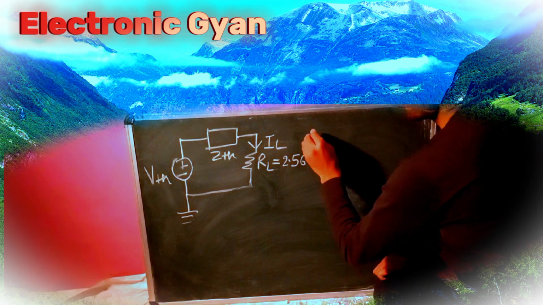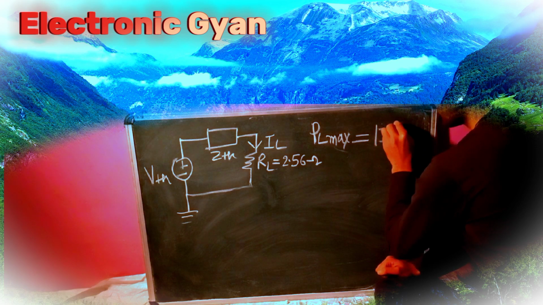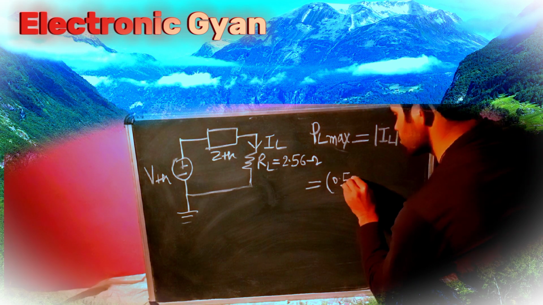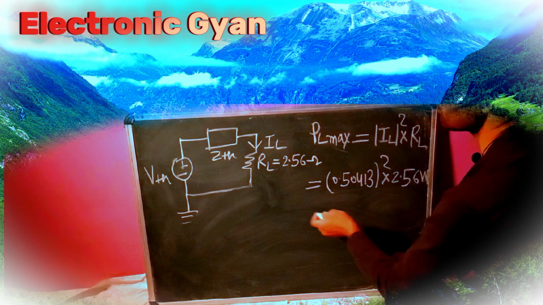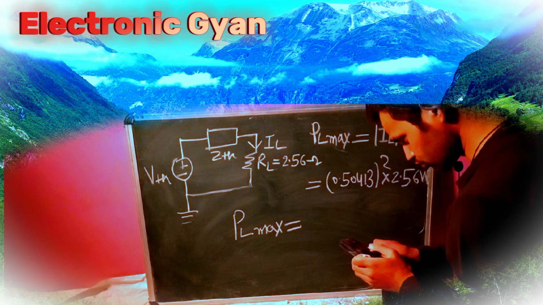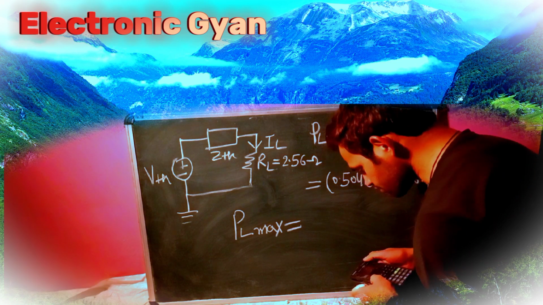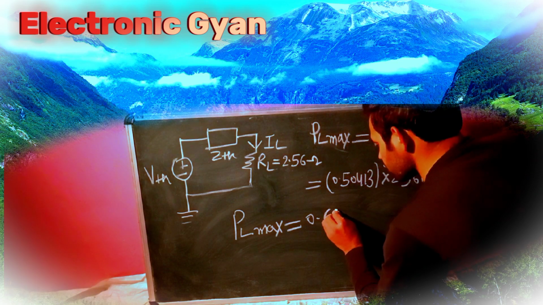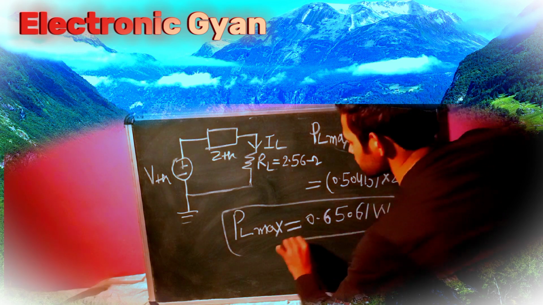PL maximum, the power transferred to the load, is the modulus of IL squared times RL. So it is 0.5041 squared times the load, 2.56 ohm. Calculating this, we get 0.65061, which is about 0.65 watt of power. This is the maximum power delivered through this load.